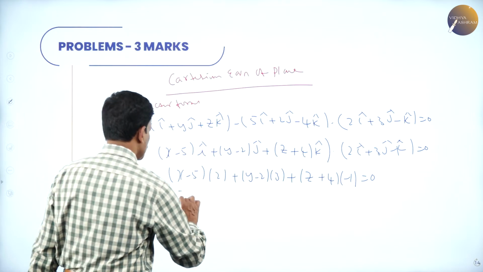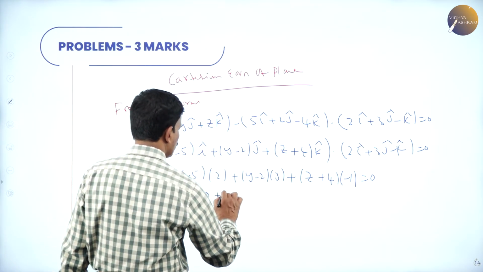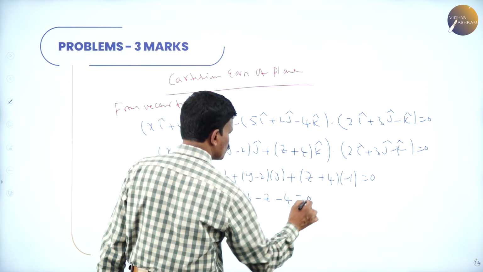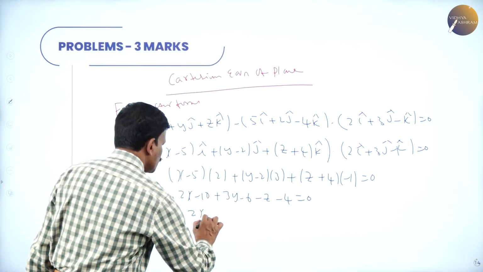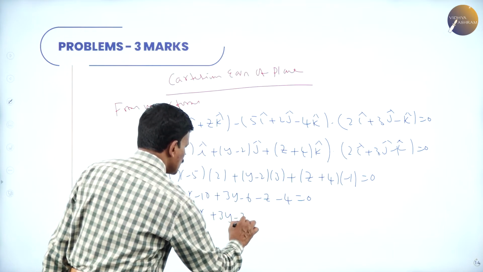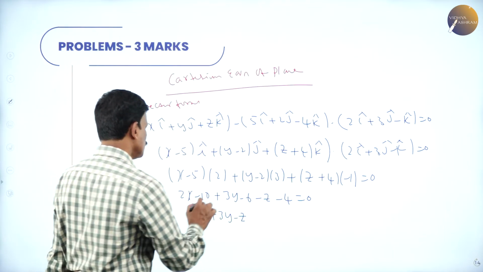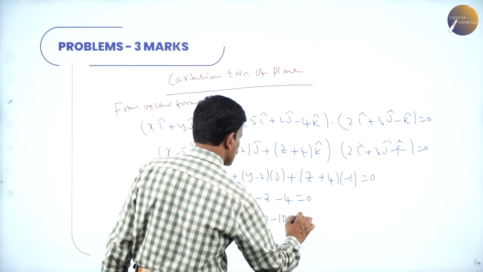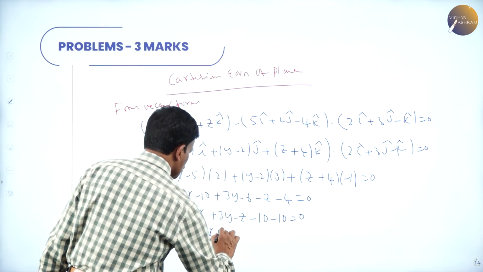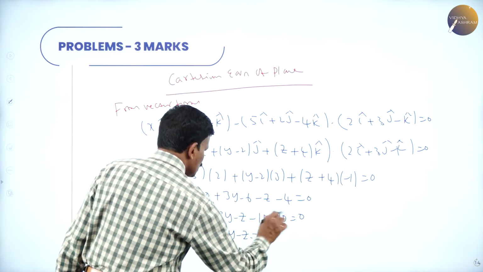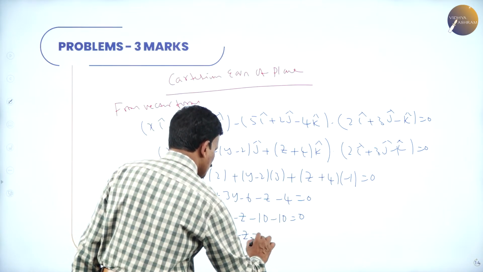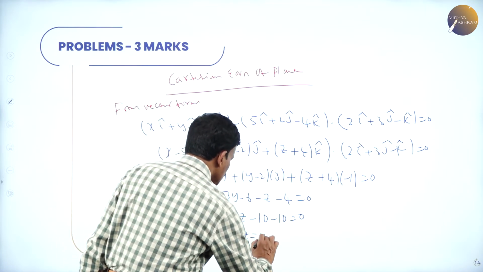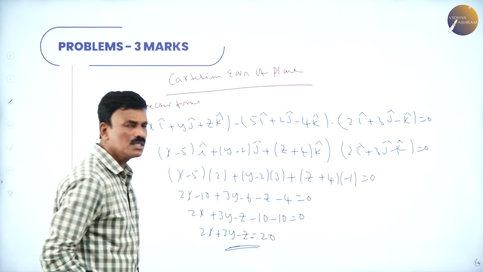Simplify this: 2x - 10 + 3y - 6 - z - 4 = 0. Put it in order: 2x + 3y - z - 10 - 6 - 4 = 0, that is 2x + 3y - z - 20 = 0. Transferring the constant to the right-hand side, 2x + 3y - z = 20.